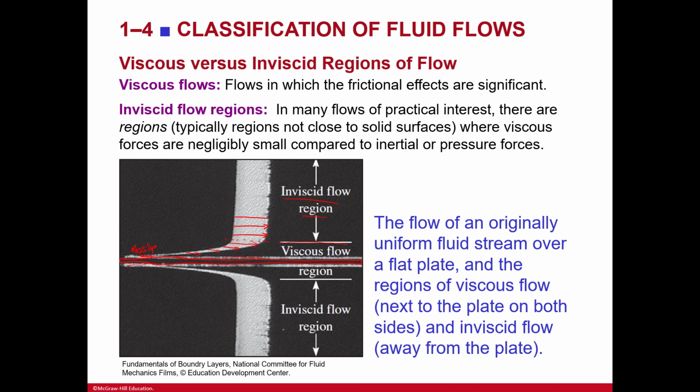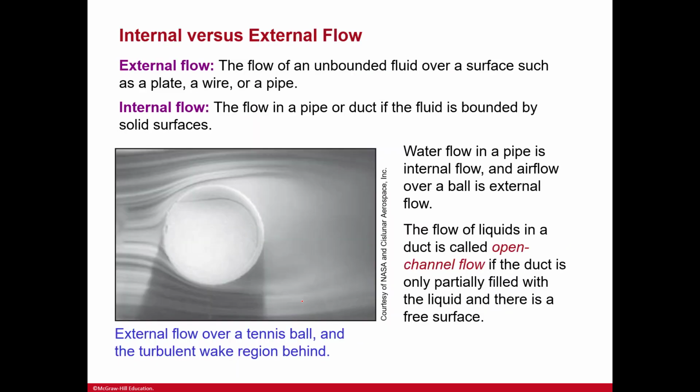The white is our boundary that we have formed because of the no slip. It's the boundary layer. And then everything that is affected because of the friction from the plate right here is the viscous flow region. And then everything when we get into a pretty normal flow rate is the inviscid flow region, or not affected by the plate, right? So you can even think of inviscid as just maybe not affected by the surface area.